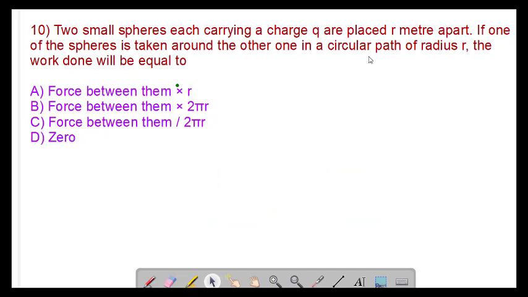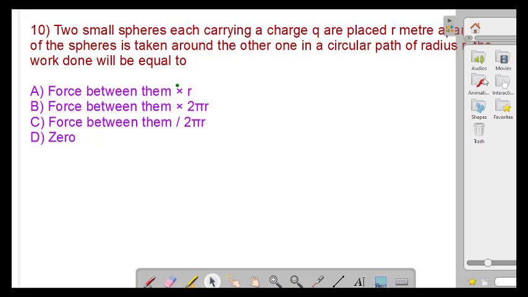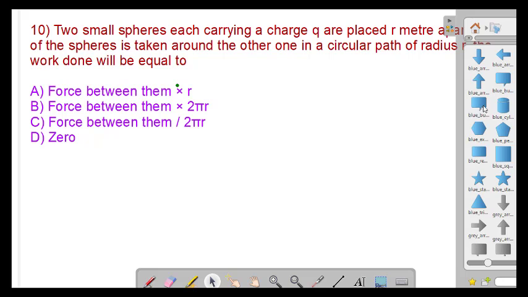Next is question number 10. Two small spheres, each carrying a charge q, are placed r meter apart. If one of the spheres is taken around the other one in a circular path of radius r, the work done will be equal to. So here we first draw a circle and we can study that.